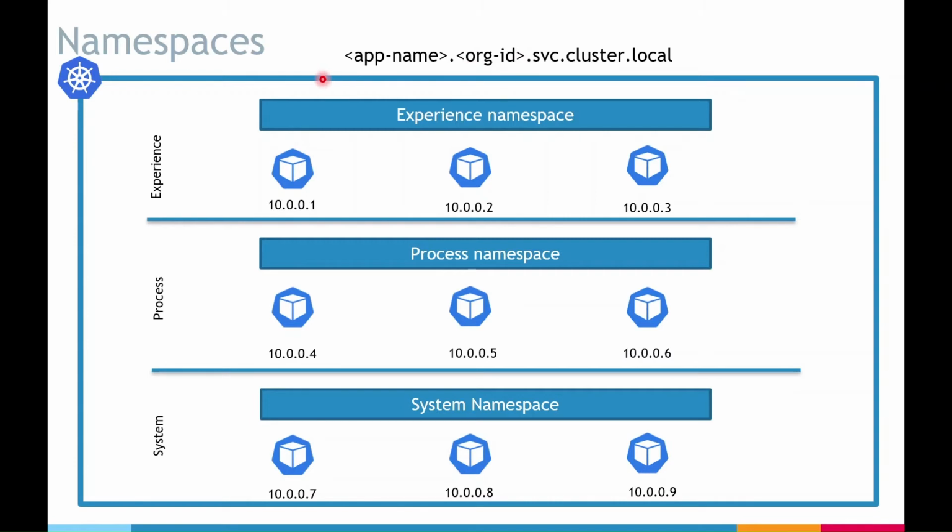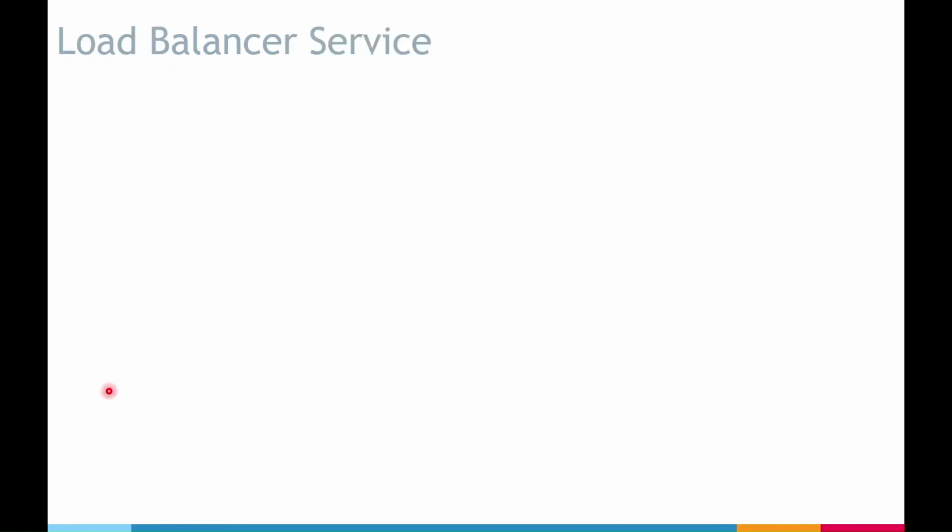So any applications that we deploy will fall under a namespace of your org id, and using that we can segregate the pods, and Kubernetes can manage them accordingly. But if it's plain Kubernetes, if we remove that RTF part, this namespace is configurable. We can configure it on our own, and things work accordingly. So that's about namespaces. Now let's move to the load balancer service.